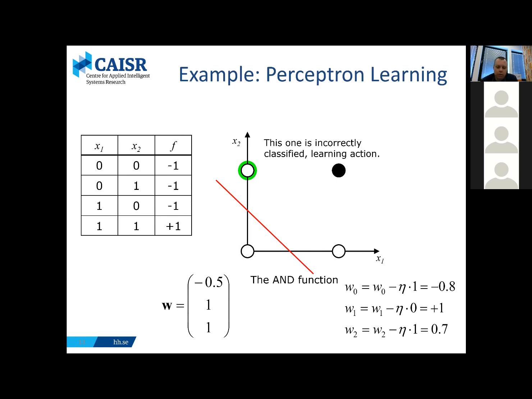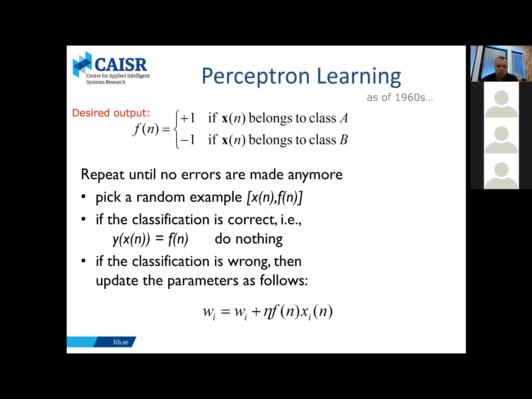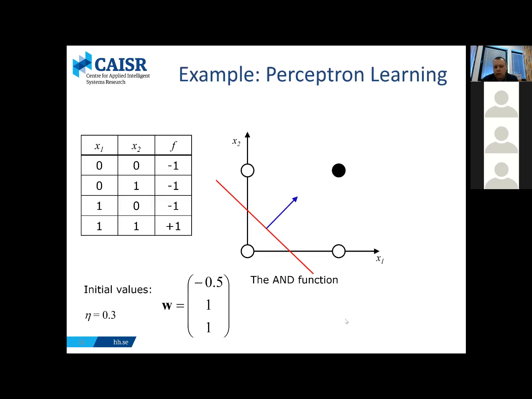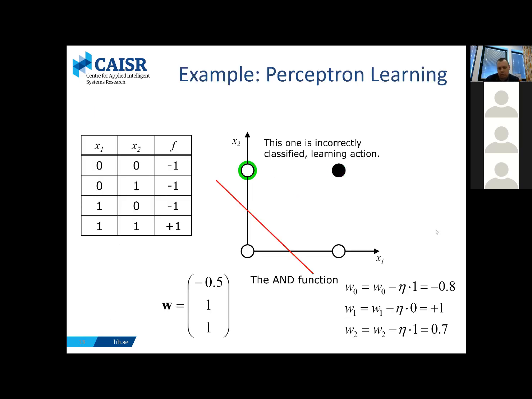If you remember the rule, how we modify the weights: it's the old value of the weights plus learning rate times expected value times the input. So here is what happens, right? W0 equals W0 minus eta times 1, so it becomes -0.8. W1 becomes W1 minus eta times 0, plus 1.